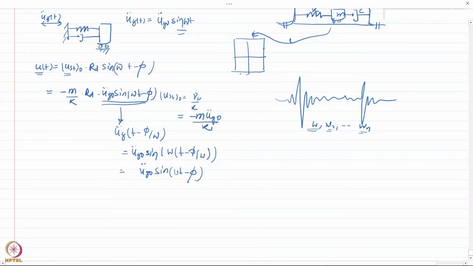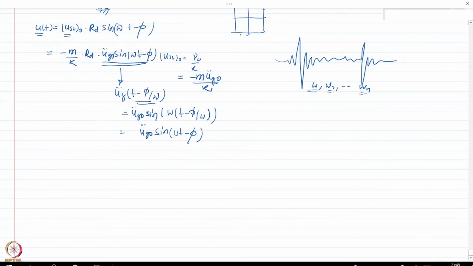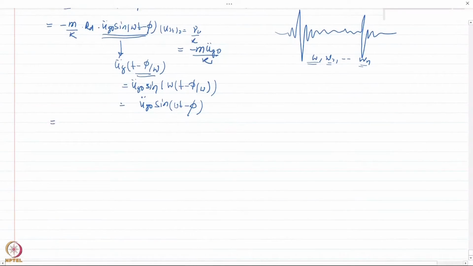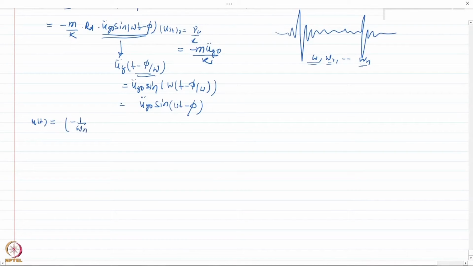So basically this is the same expression, for a time variation t minus phi by omega. So I can write the expression for u(t) as minus omega n square R_d, and this as t minus phi by omega.